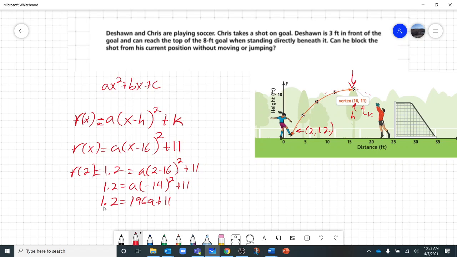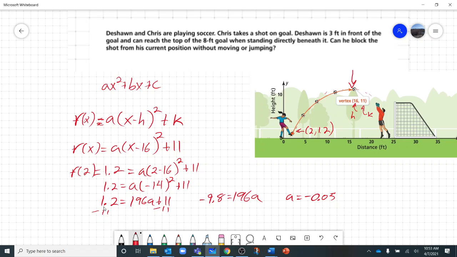We're going to subtract 11 from both sides, and we get negative 9.8 equals 196a. Divide both sides by 196, and a is equal to negative 0.05. Okay, so that's our a value.